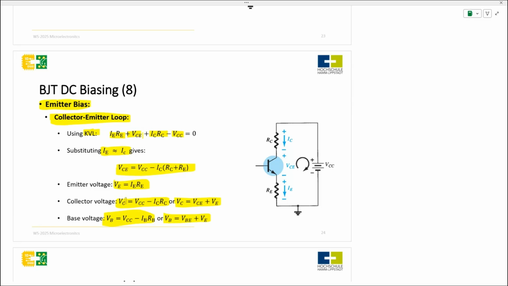So your VC, which is RCIC, equals your VCC minus ICRC, because IC is equal to IE, and somehow the RE will be negligible, or your VC equals your VCE plus your VE.